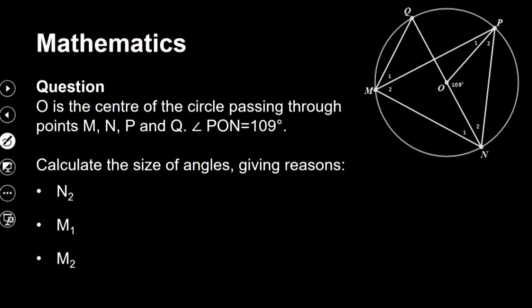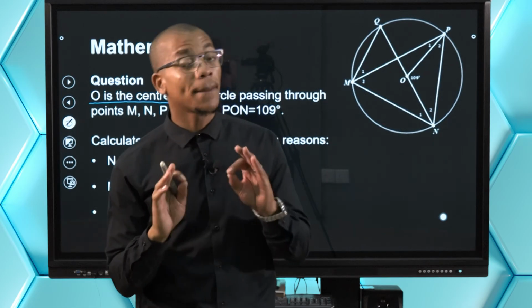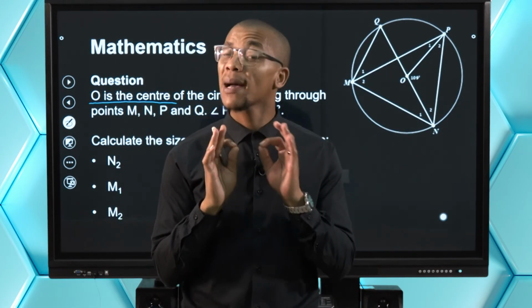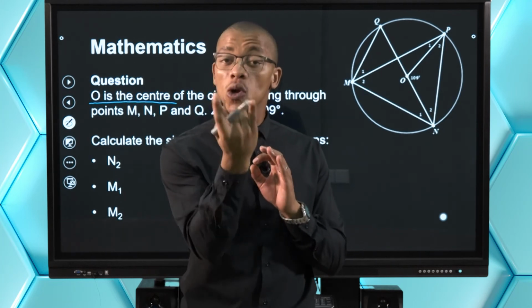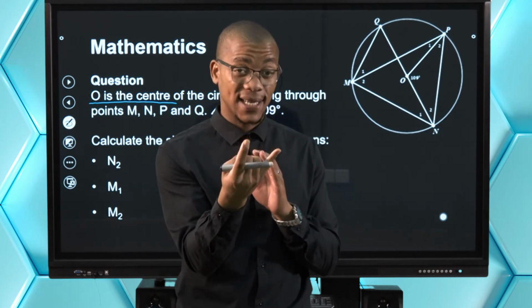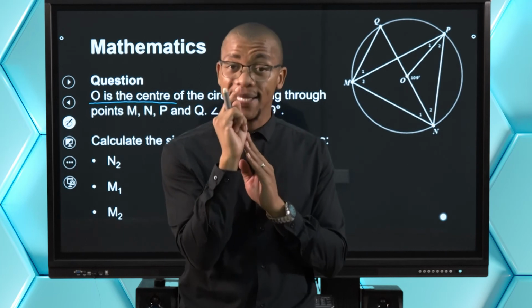And then let's look at maybe a question that has values now, where we need to find some values. O is the center of the circle. Remember, you don't assume. I need to tell you that it is the center. Because I said to you last time, monkey see, monkey do does not apply here. Because it looks like it is the center. It does not make it the center.